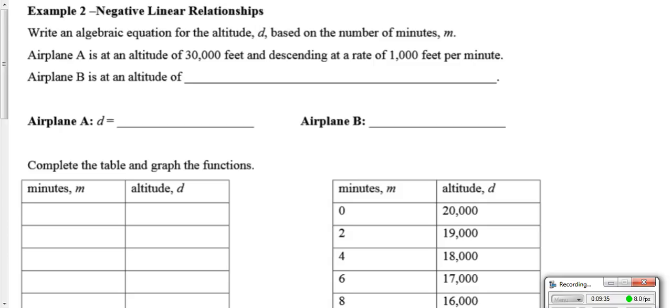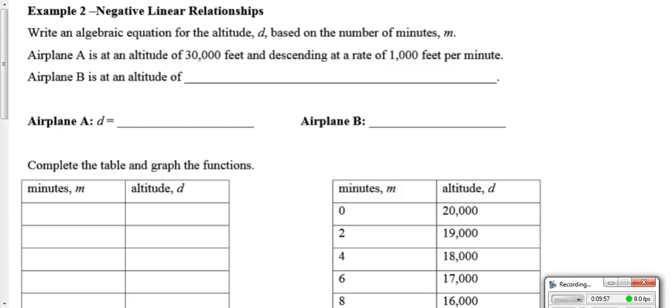So for airplane B, they don't have the story problem. We're going to have to go back and fill that in. For airplane A, we just get the story problem, and we'll fill everything out. For airplane B, they give us all the answers for the table, and then we'll work backwards to get the equation and the story problem.